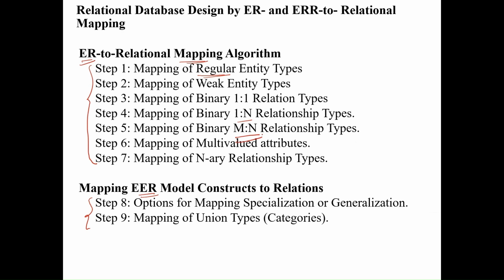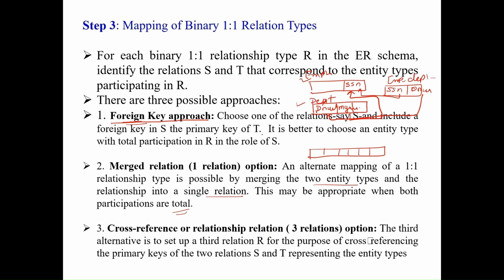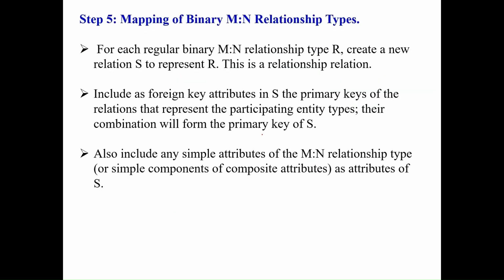Are you understanding? So you can read here for many to many. For each regular binary many to many relationship type R, create a new relation S to represent R. So for the relationship, we have to create a relation, in which we have to add the foreign keys of the two entities E1 and E2 involved in this many to many relationship.